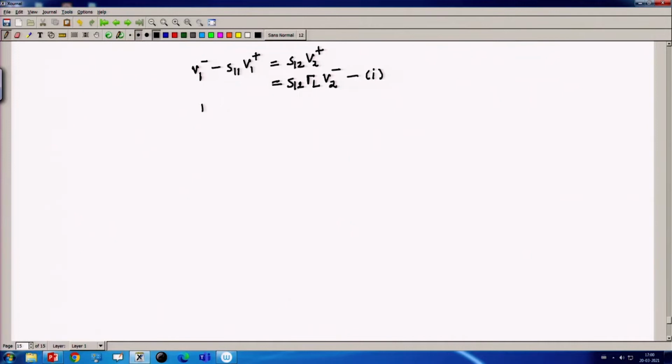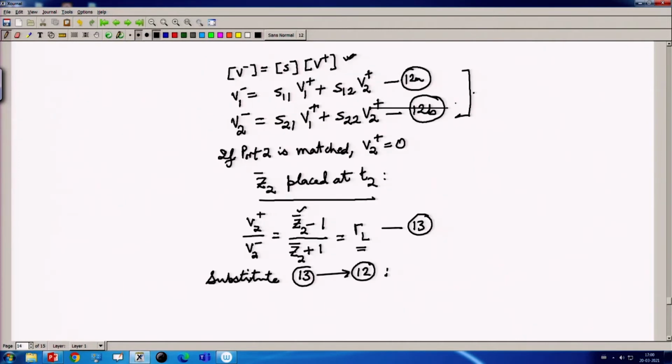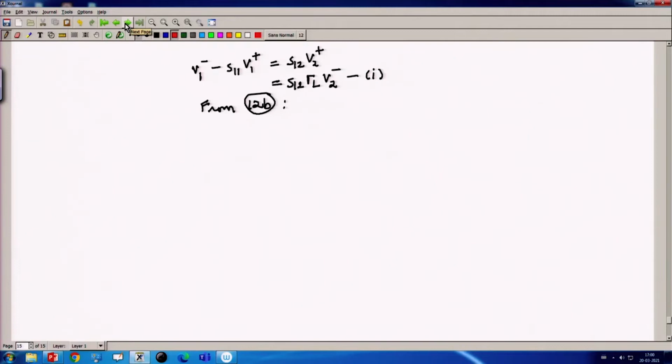And from 12B, which is this equation, from 12B we can get, call this 2.